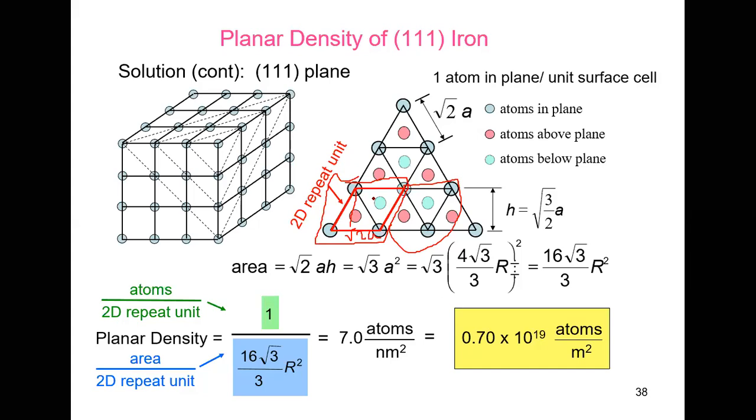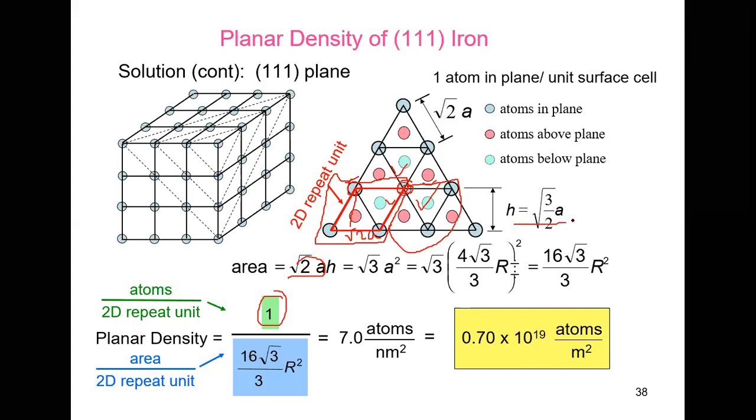Now to find the number of atoms in this repeat unit is easy. Each atom will be shared by this unit, another unit here, and another unit there. So 1/4, and the number of atoms will again be 1. The planar density will be 1 divided by area. So how to find the area? Area is this one side, √2a, multiplied by h. How will you calculate h?